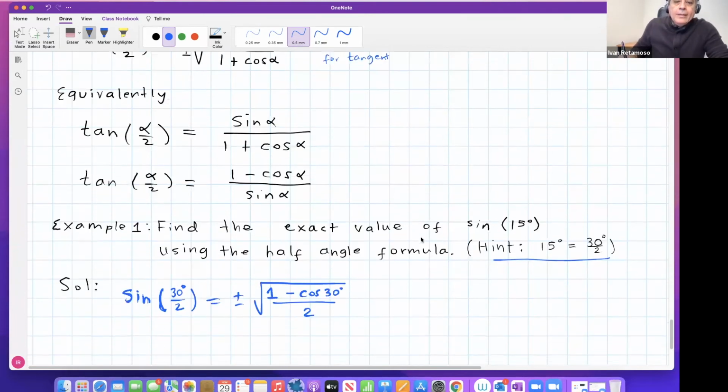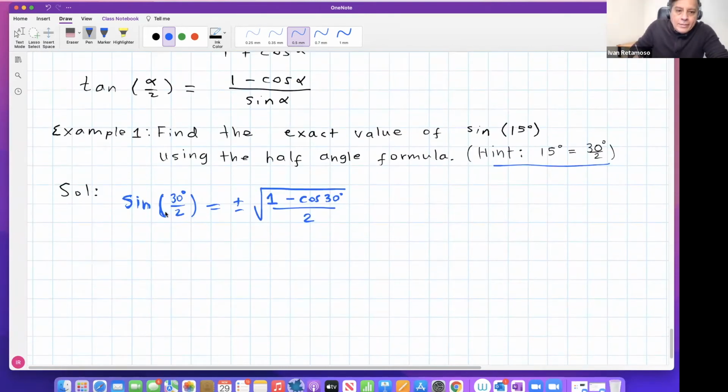Very good. So now let's work this out algebraically. So what should this be equal to? Well, plus minus what? Don't worry about the plus minus. In the end, I will tell you what to do to determine if it's plus or minus. Cosine of 30 degrees. Remember, cosine of 30 degrees is, I know it by heart, square root of 3 over 2.